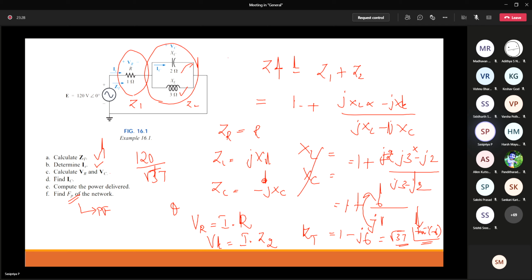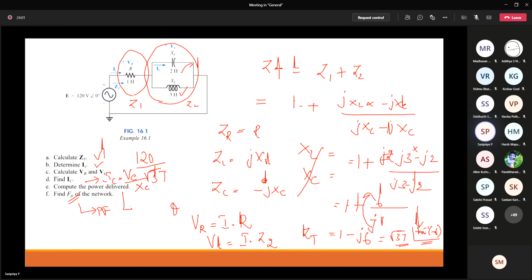Z2 is the parallel combination of XL and XC, which is minus J6. Now when I write it in polar form, it is just a 6. So I into Z2 I can do, and now I have the values of VR and VC. Since this is a parallel combination, the same voltage is available across XC and XL also. So now I have VC, and IC can be just VC divided by XC.